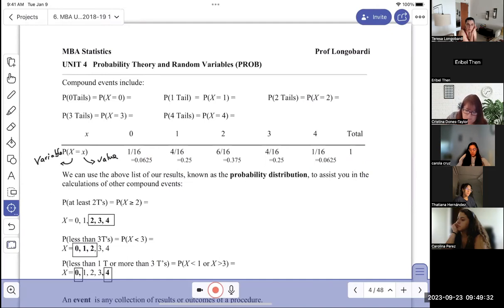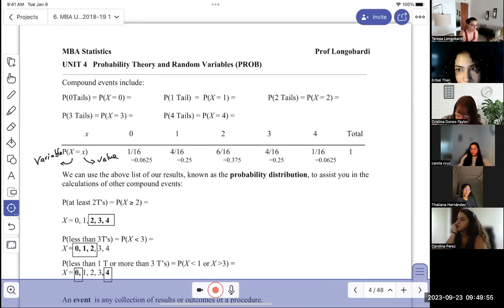And then just like the normal distribution, we can use this table to answer questions. So this is what we're going to do for modules 6, 7, and 8. We're going to talk about different variables.